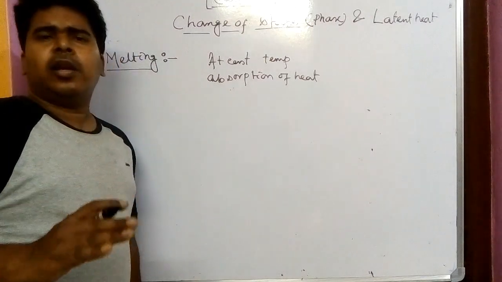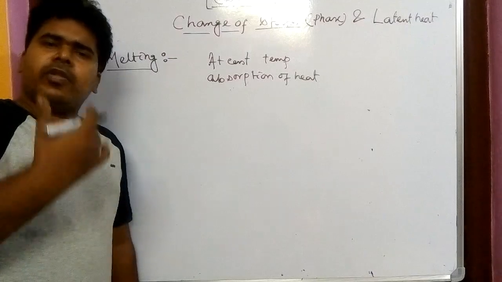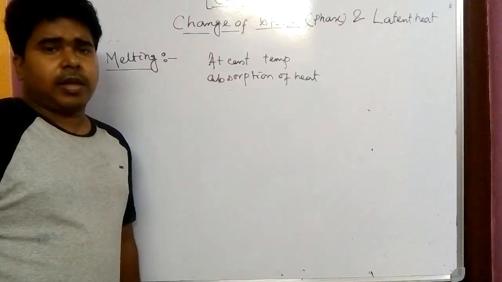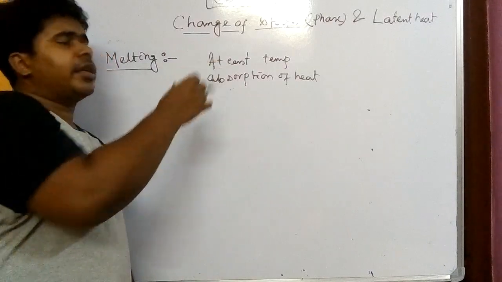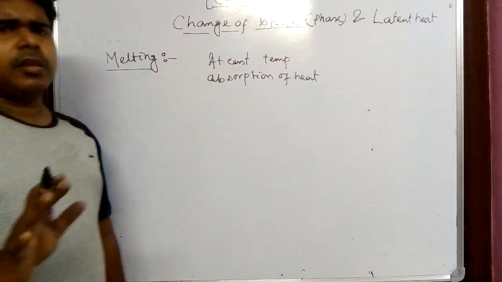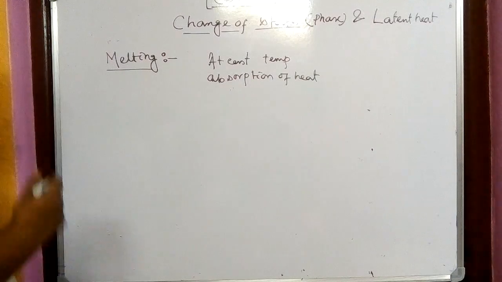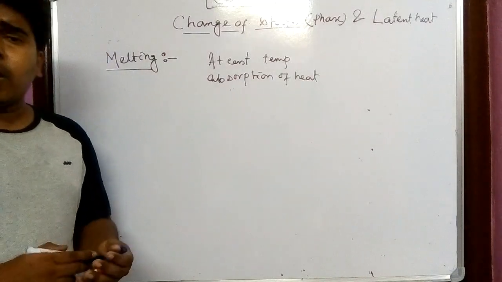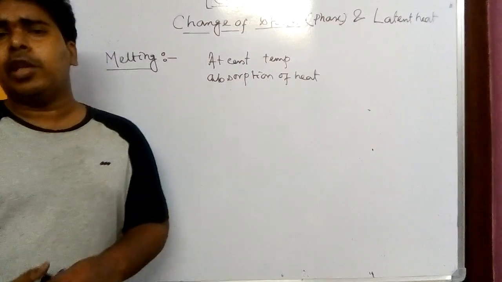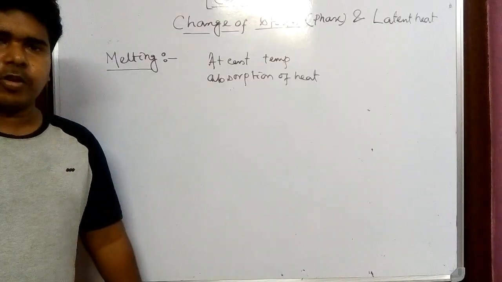We will get the idea why the temperature is not increased, but that will come a little later. Melting is, at constant temperature, when a solid is directly converted into liquid by absorbing heat energy.